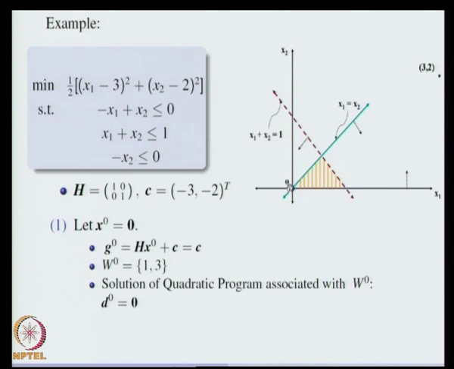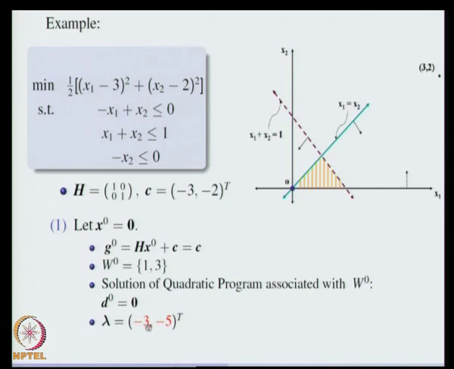And since d 0 is equal to 0, we look for the corresponding values of lambdas, the Lagrange multipliers of the inequality constraints which are part of W k, using the closed form solution that we saw earlier.